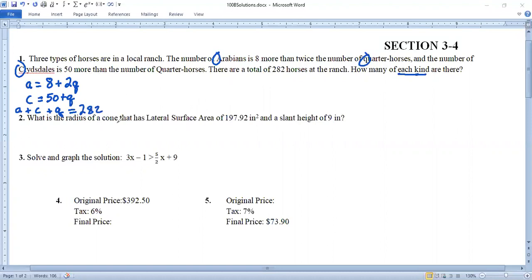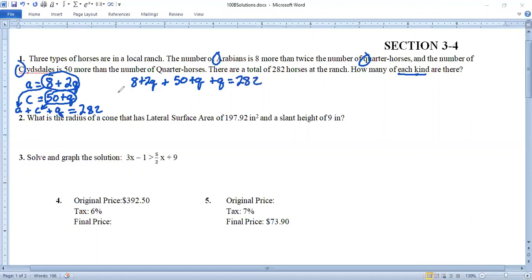282. Now we note that this equation doesn't work so much, but this one, look at that. This one can go right in there for that C, and this one can go right in there for that A. So now we can write the full equation as the number of Arabians, 8 plus 2Q, plus C, which is 50 plus Q, plus Q equals 282.